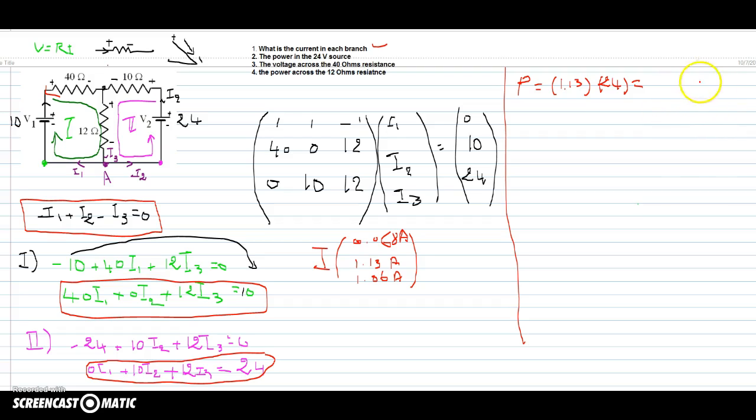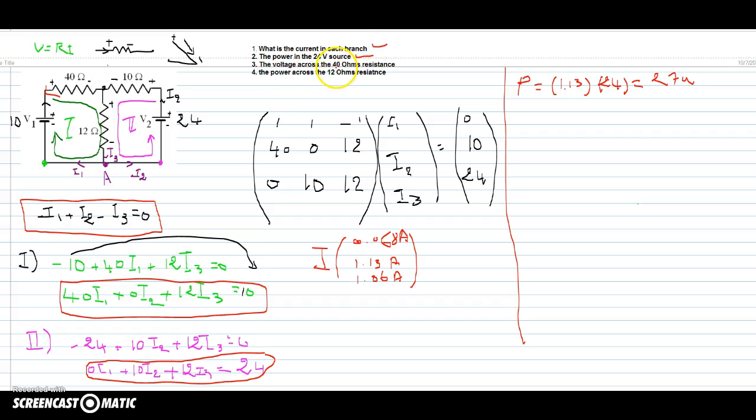So almost 27 watts. And then the next question, this is 2 now. So this is 27 watts.